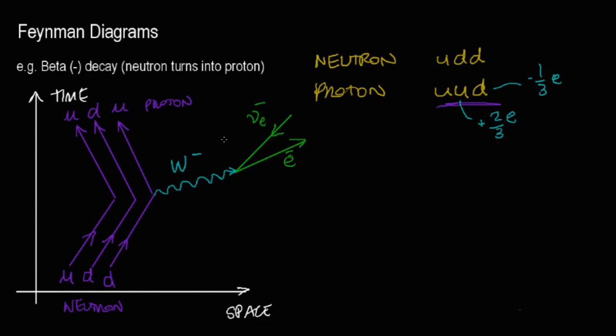So notice that we have merged together the examples that we had before. We do have some particle here creating a particle pair, and we do have some charge being emitted here, some energy being emitted, some information traveling here, and those are our force carriers.